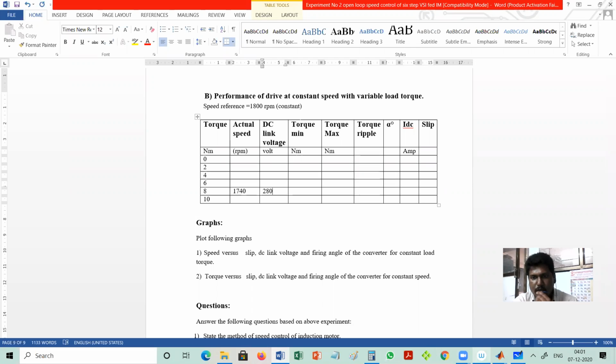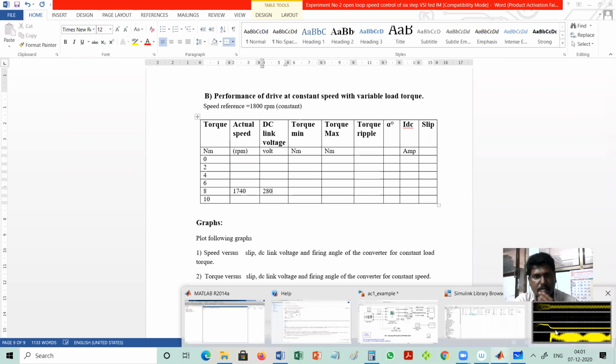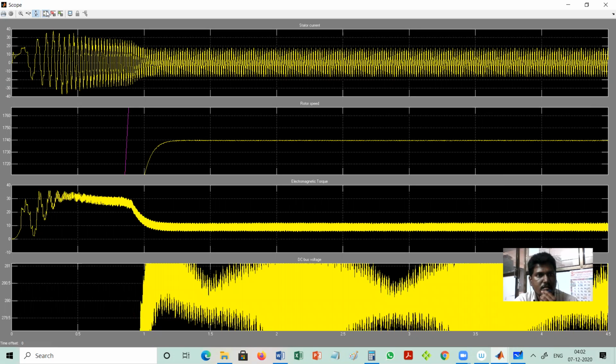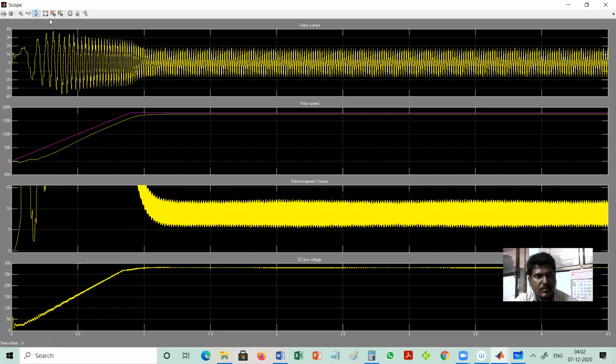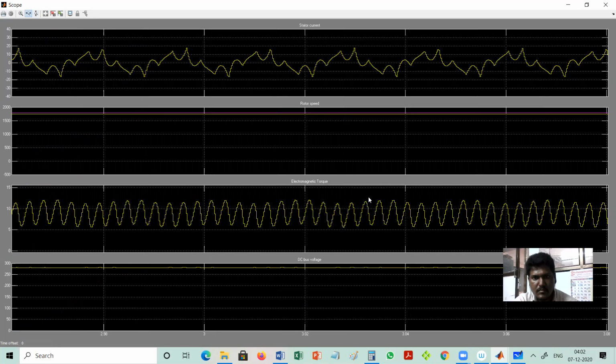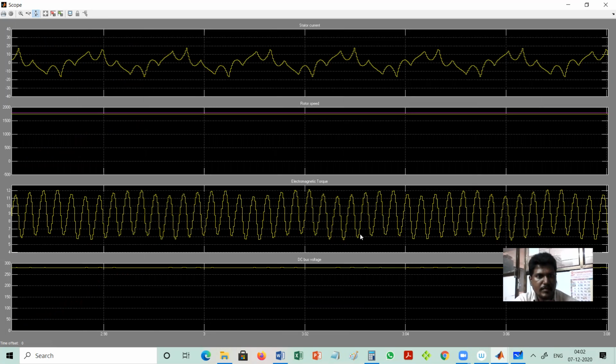What is the minimum value and maximum value of torque? We take the readings at the steady state. The maximum value of torque is around 12, and the minimum value is 6.